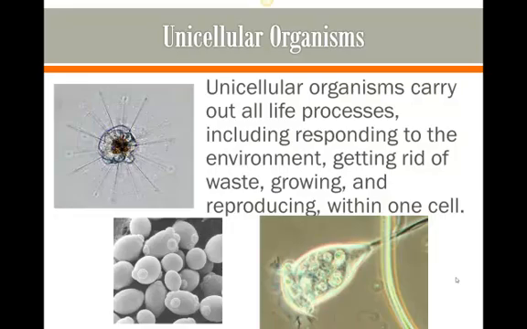So when we studied the characteristics of life, an organism has to carry out all those characteristics. Here are pictured 3 unicellular organisms. They give you some examples of those life processes, including responding to the environment, getting rid of waste, growing, reproducing, all within that one cell.